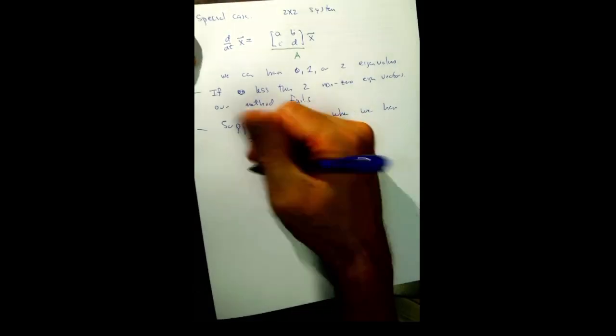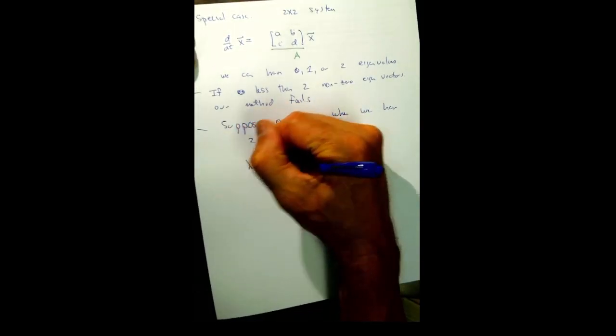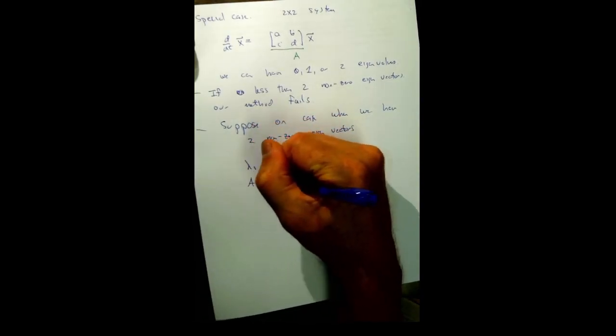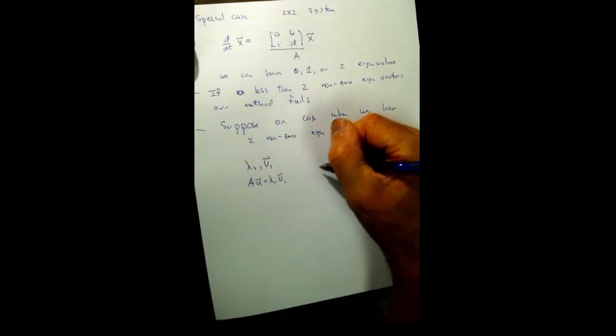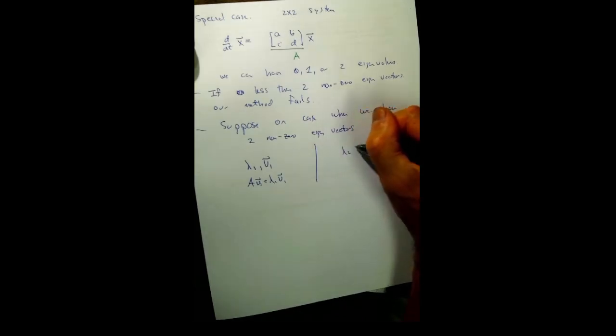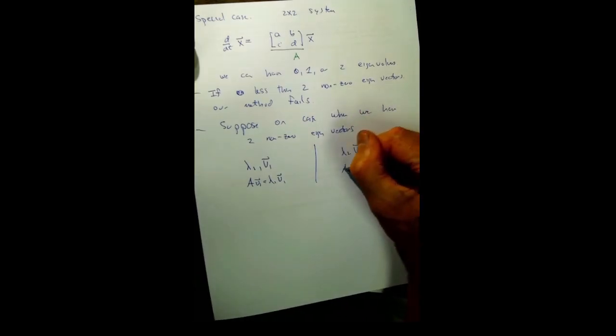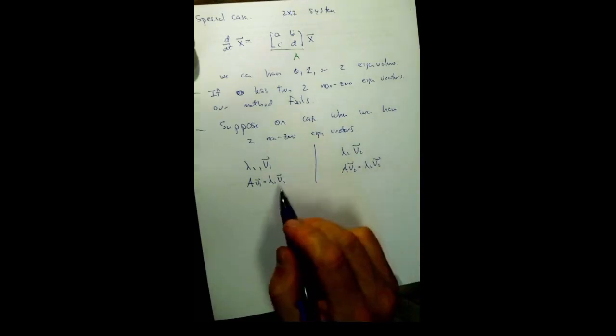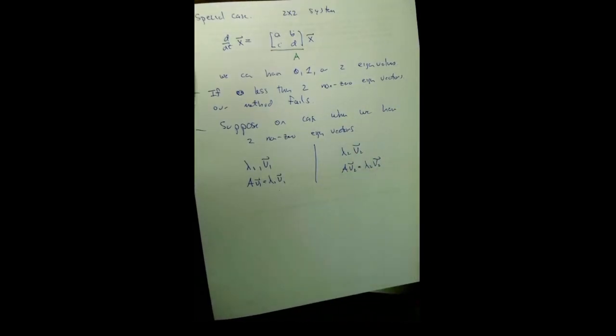Okay, so the idea then is we have lambda 1 and v1, where A v1 is lambda 1 v1, and we have lambda 2 and v2, where A v2 is lambda 2 v2, and I cannot write v1 in terms of v2 or the other way around.